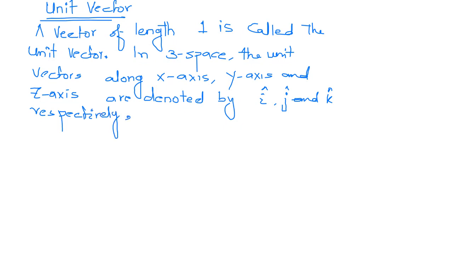Okay, so this is the notation of the unit vectors. For example, in the three-dimensional x, y, z case, that is x, that is y, and this one is z. In the same direction of x, y, and z, you will find the unit vectors.